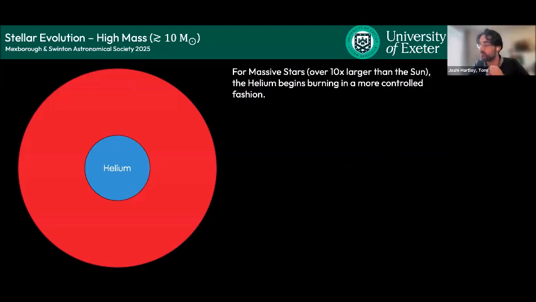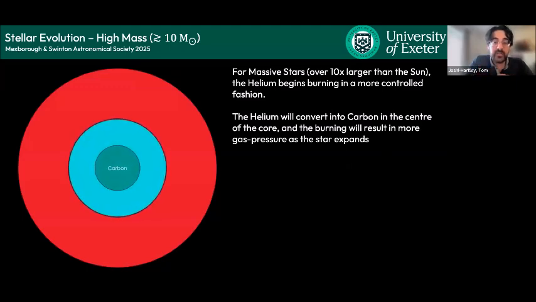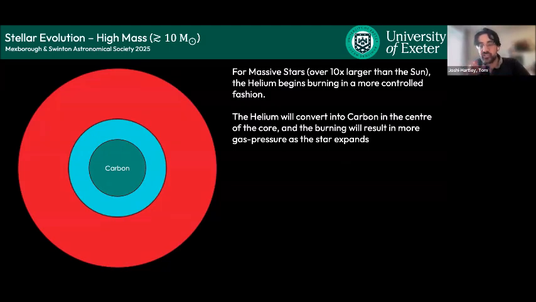In this case, helium can fuse together, which allows the core to get hotter and hotter, eventually converting into carbon in the center of the core, which results in more gas pressure as the star expands. We're no longer burning hydrogen as our primary fuel source, so we're no longer a main sequence star. These are now becoming red supergiants. They're getting bigger and cooler, but their cores are getting much hotter.